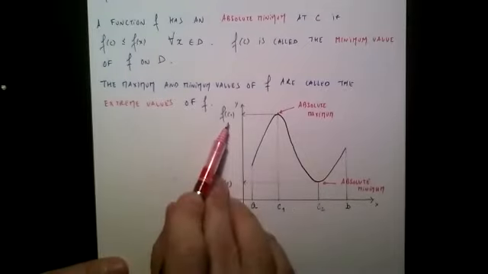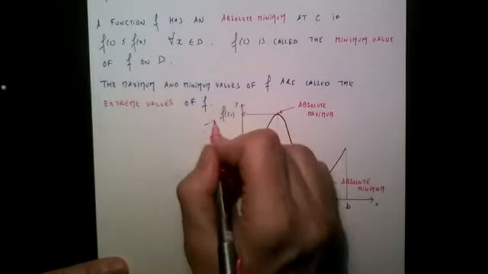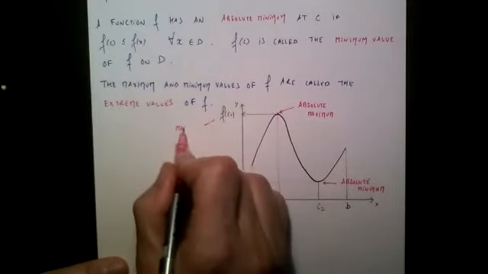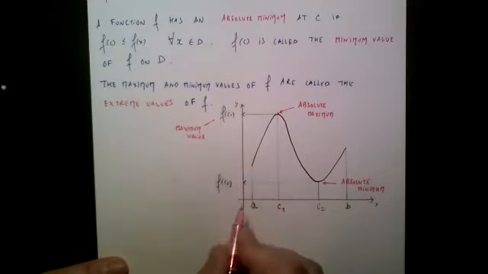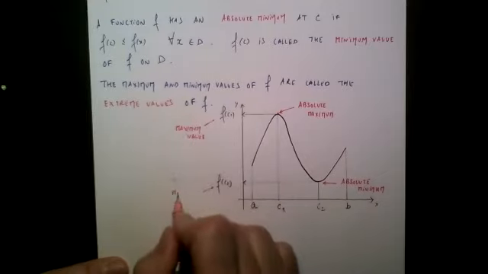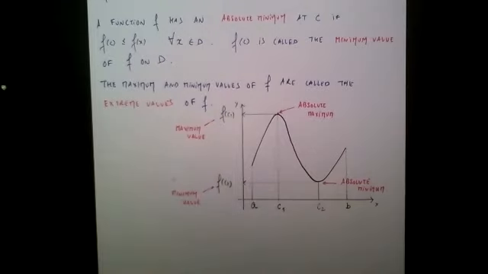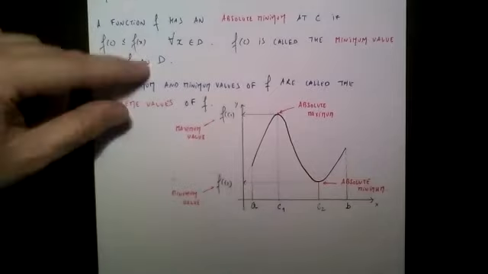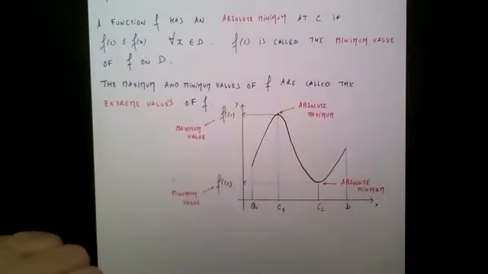Okay, so this is called the maximum value, and this is called the minimum value. Okay, makes sense? These are the definitions. So everything I wrote up here, I just expressed on a picture. I think picture is much better.